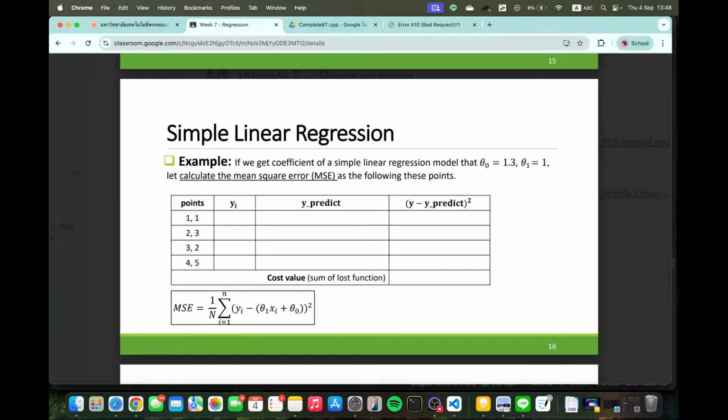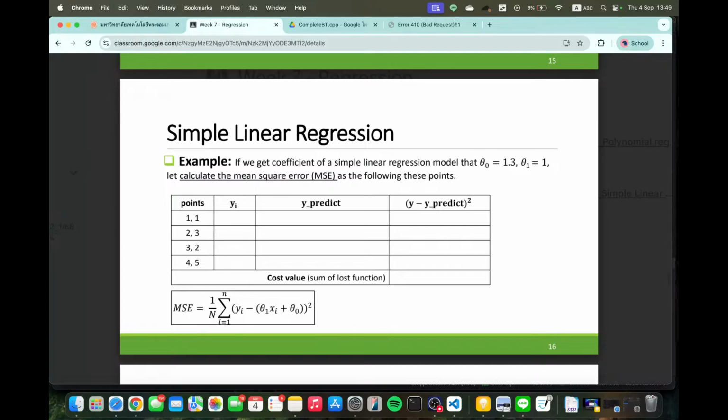Okay, so it's not finished. You have to divide it by number 4, right? We have 4 points, so the mean square error equals 7.16 divided by 4. Okay?